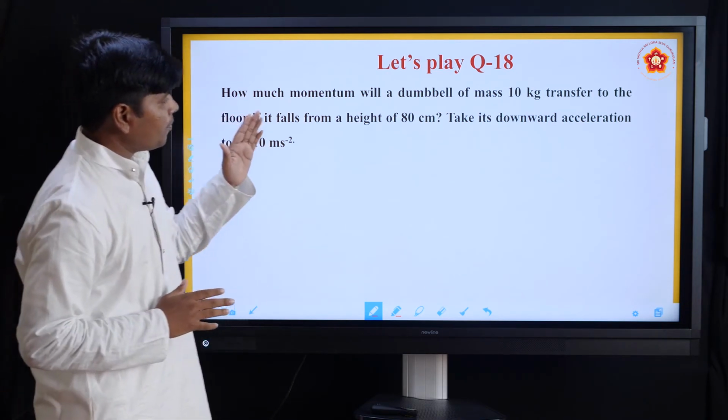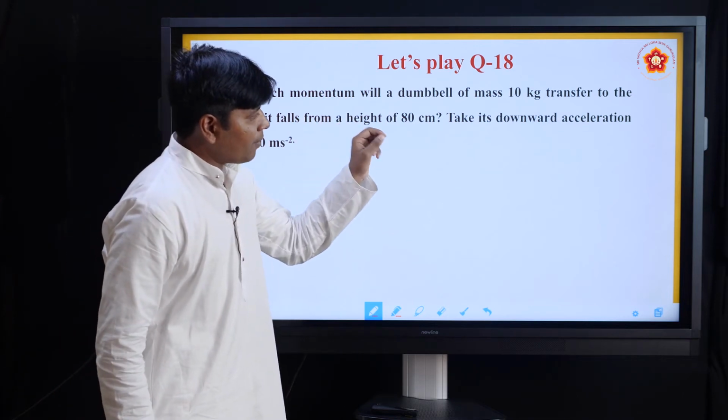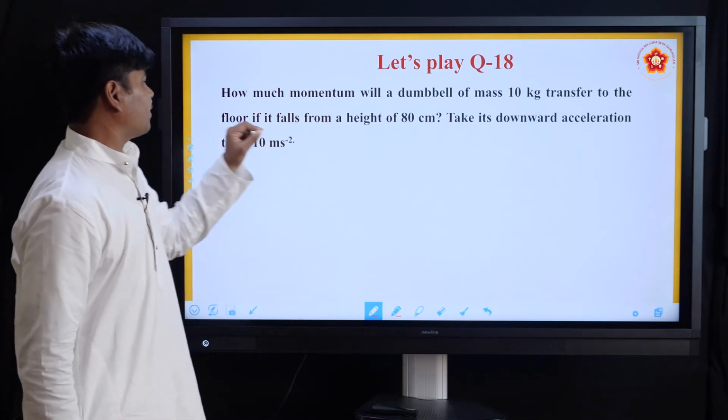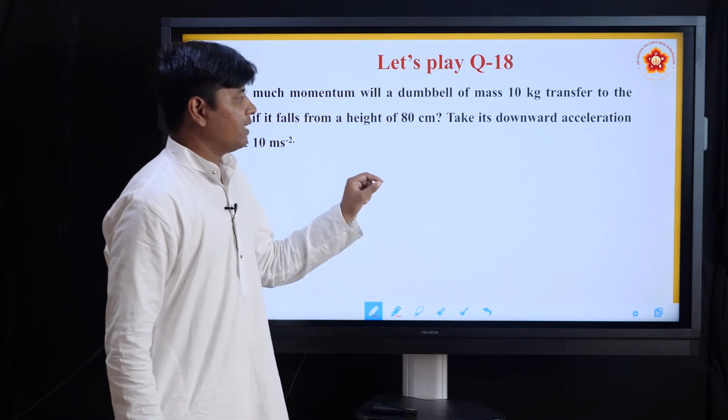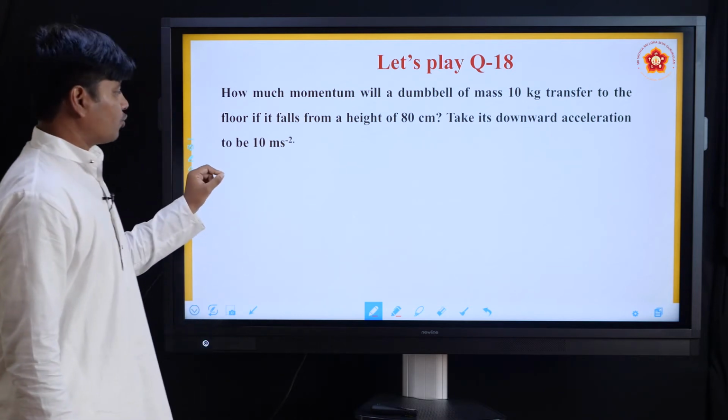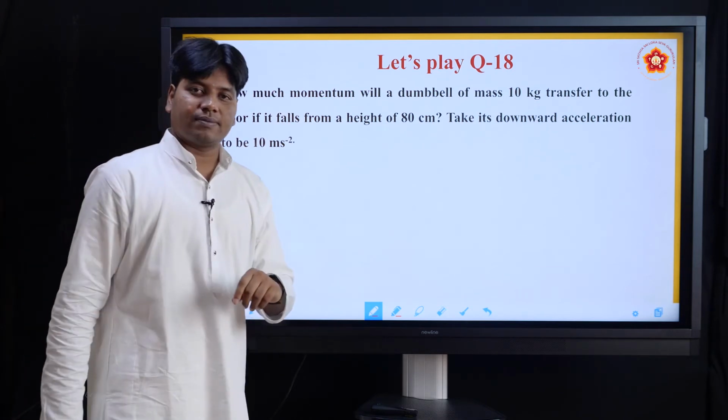How much momentum will a dumbbell of mass 10 kg transfer to the floor if it falls from a height of 80 centimeters? Take its downward acceleration to be 10 meters per second squared.